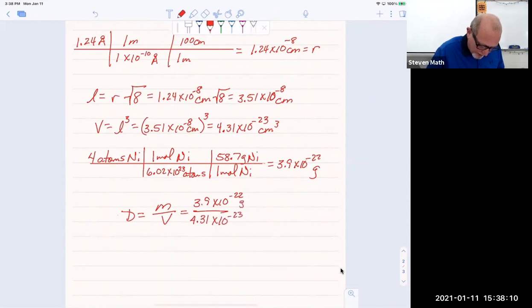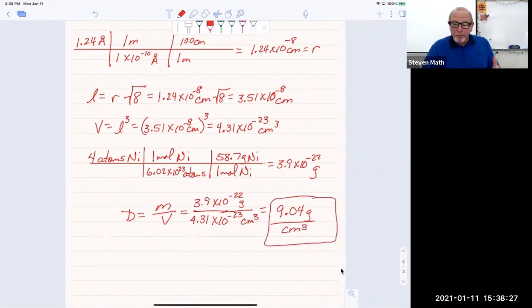This is in grams. This is in centimeters cubed. We're going to get a great number now. The density of nickel, 9.04 grams per centimeter cubed. And that's a very real number. That's something that's very close experimentally to what our known value is going to be.